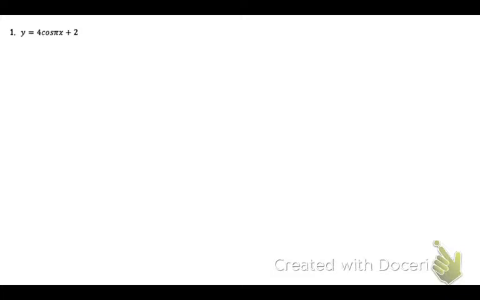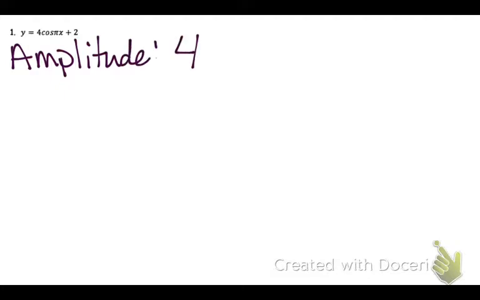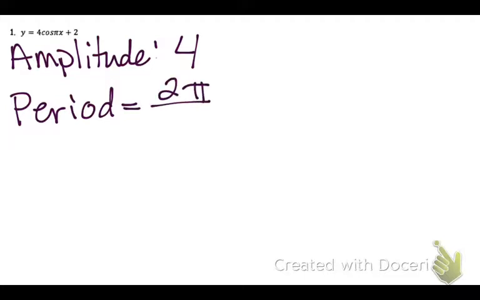The period would be found using the pi value, which is my b, and then we're going to go up 2. So amplitude is 4. My period, remember, equals 2 pi over b, which in this case is that pi.